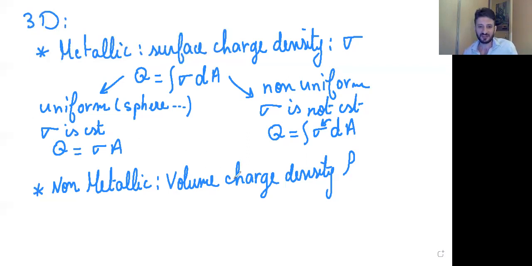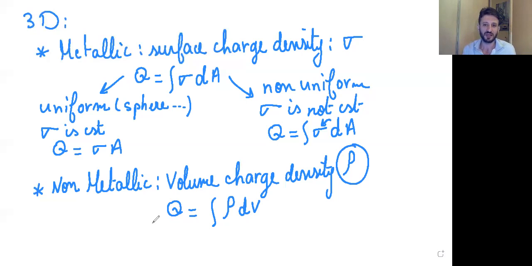So in this case, we talk about rho, and the relation here, Q equals the integral of rho dV, because we have a volume of charge inside. Now, maybe rho is constant. If rho is constant, we have a uniform charge distribution. If rho is not constant, you have a non-uniform charge distribution, okay?